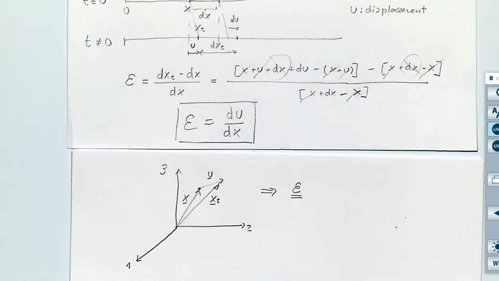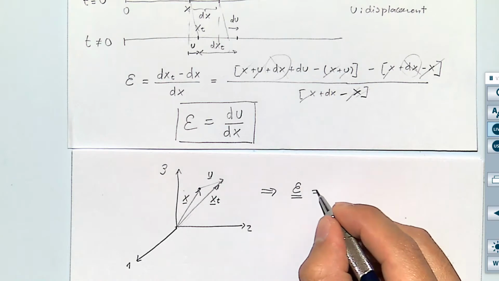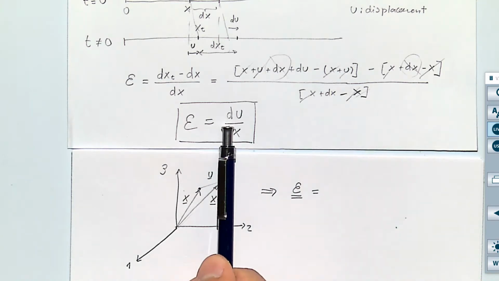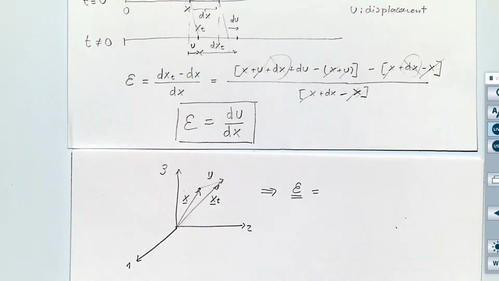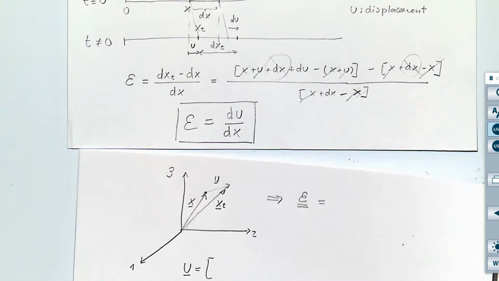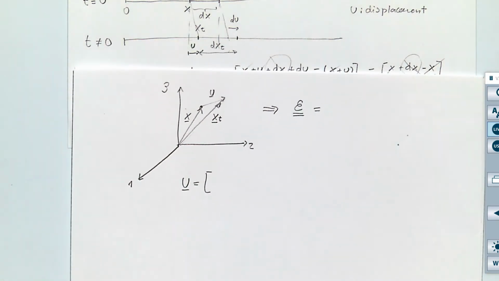The strain tensor is going to be very similar to this equation, but now in 3 dimensions. It's going to be the Jacobian of the displacement as a function of position. So before I write that, how many components does the vector u have?